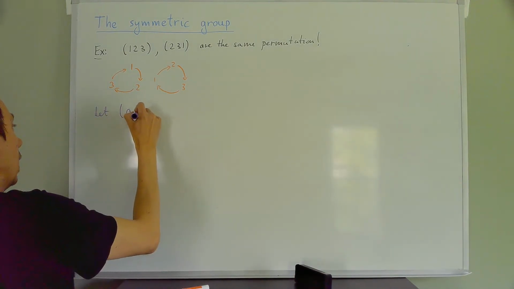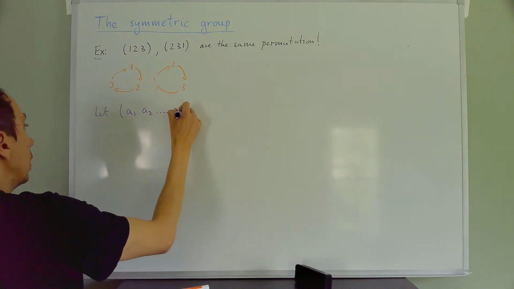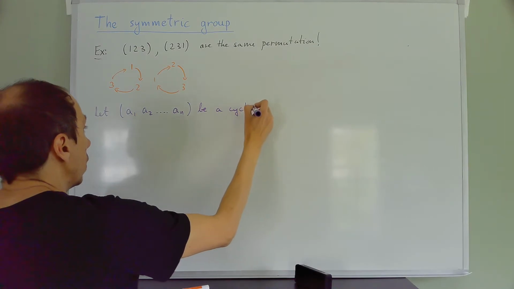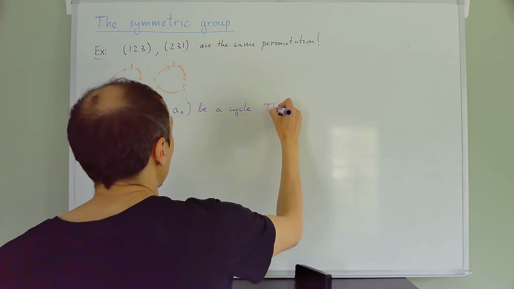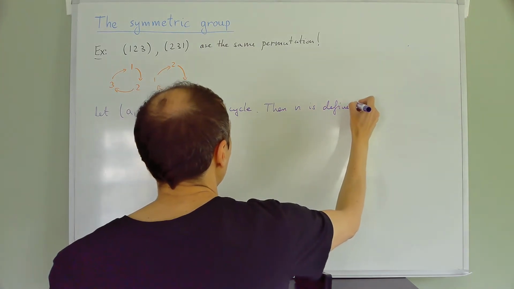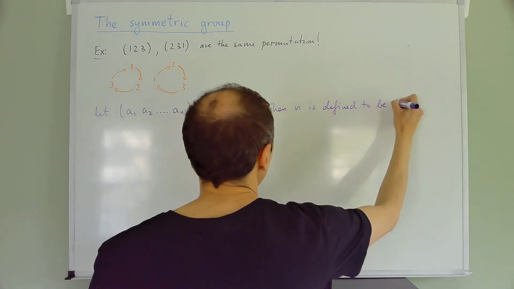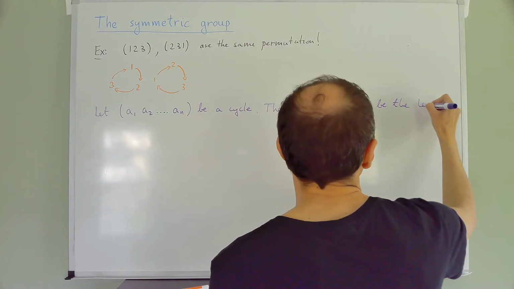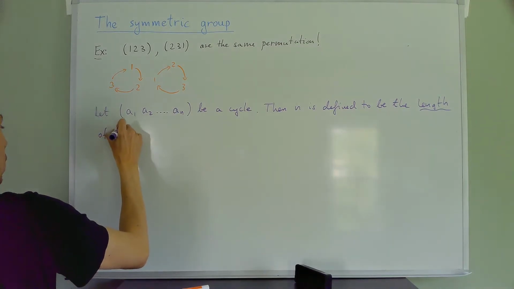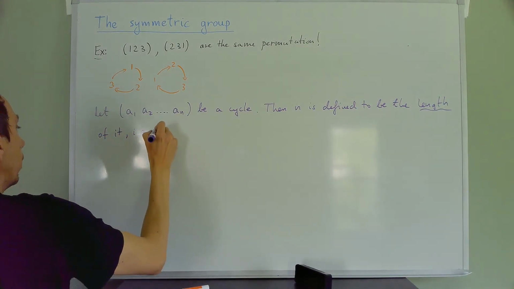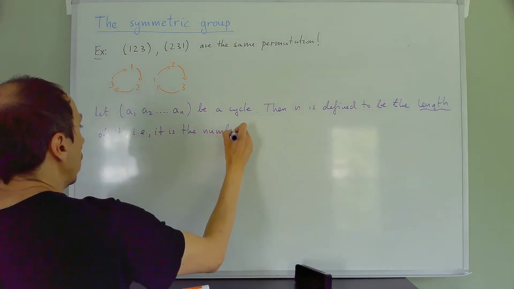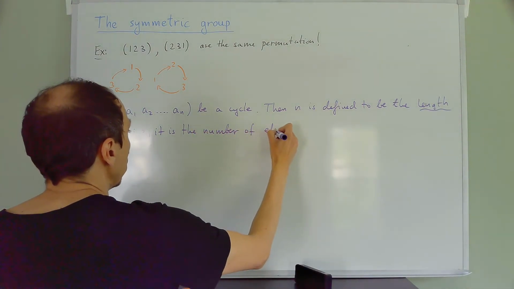Let a1, a2, ..., an be a cycle, then n is defined to be the length of it, i.e., the number of elements in the cycle.